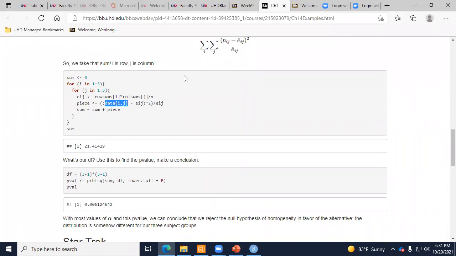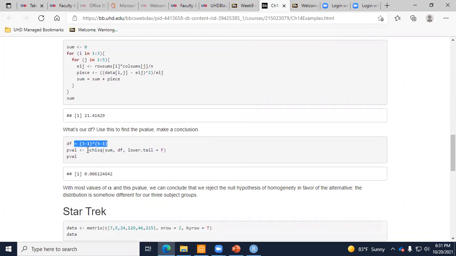And the summation of these gives us the test statistic. Then we need our degrees of freedom, capital I minus 1 times capital J minus 1, and this is how you get your p-value from the chi-square distribution. We see this p-value is really small.